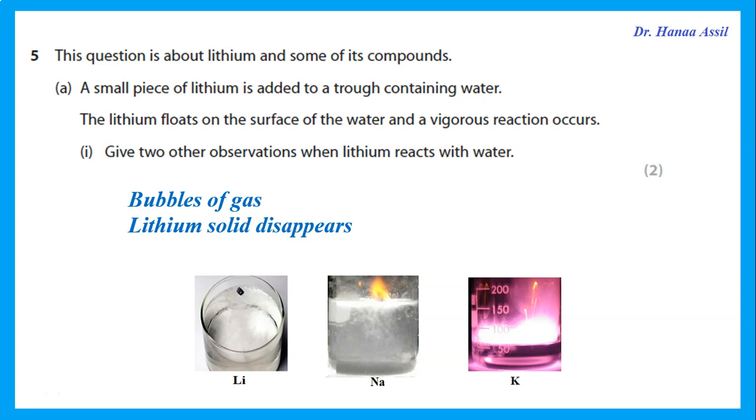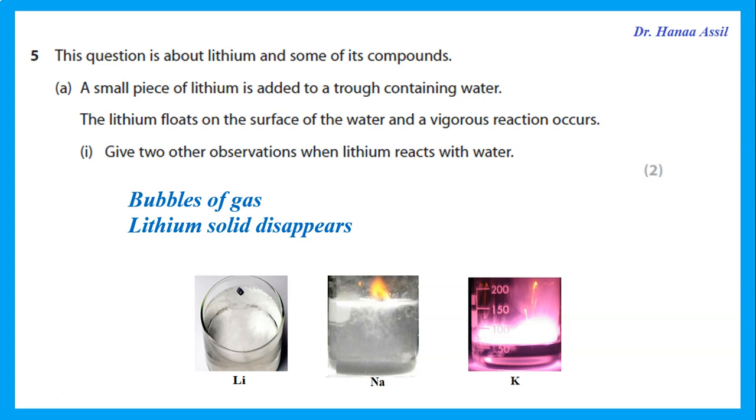Of course, if we put sodium in water, the reaction is more vigorous. So we get vigorous bubbling or vigorous effervescence, and the sodium floats on top of the water, then the hydrogen gas that is coming out may catch fire. If we put potassium, potassium is even more vigorous, more reactive.